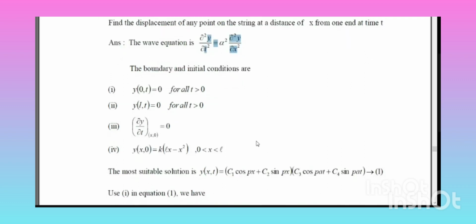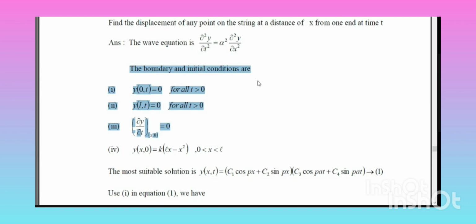The boundary and initial conditions are: one end is x = 0, another end is x = L. So in general, in y(x, t), instead of x you apply 0, and instead of x you apply L. The first condition is y(0, t) = 0. The second condition is y(L, t) = 0.